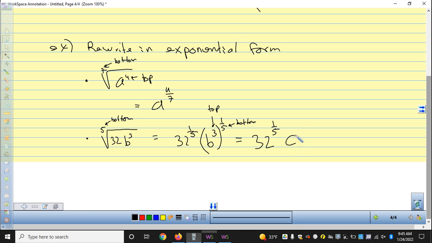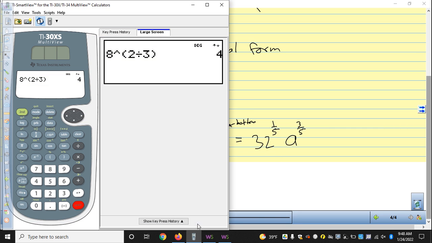So that's going to be b to the 3/5 power. And now we need to do 32 to the 1/5. So in my calculator, I'm going to do 32, raise it to the 1 divided by 5 power, and I get 2. 32 to the 1/5 power is 2.